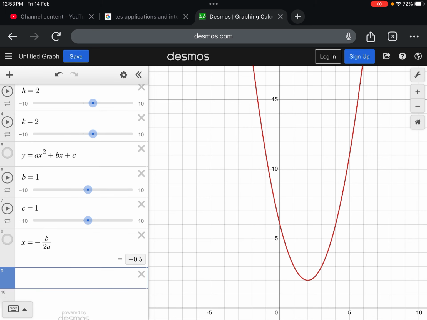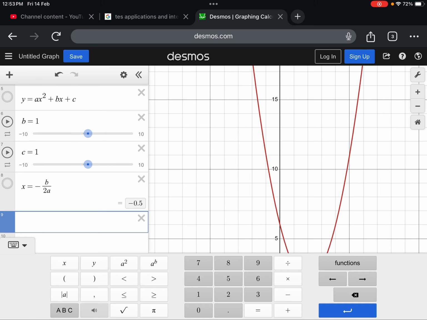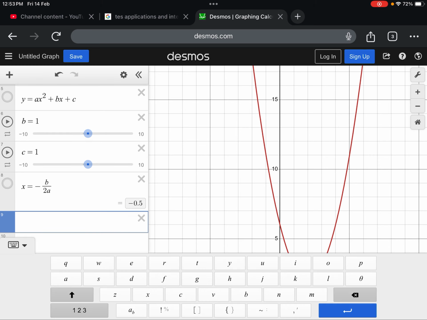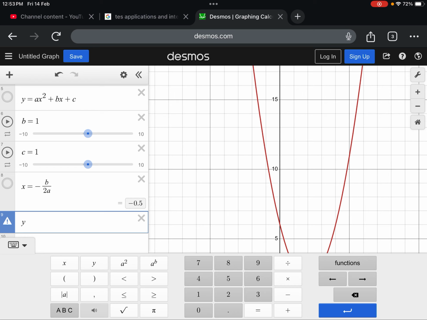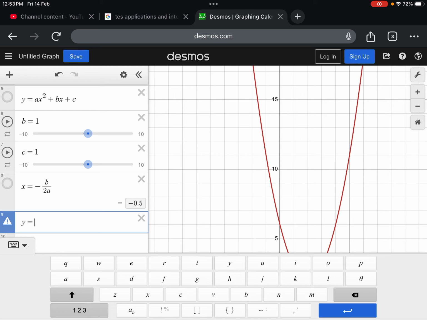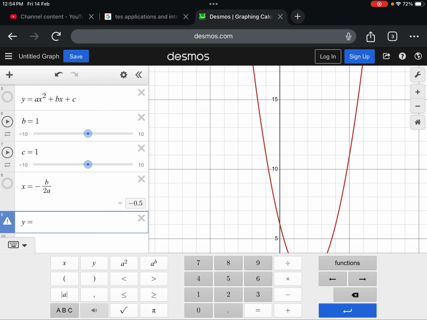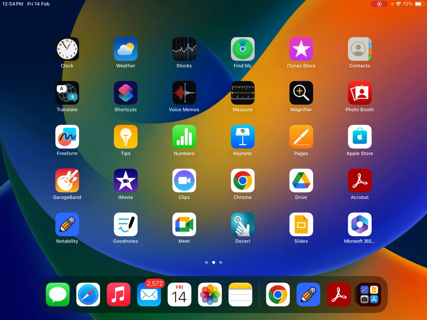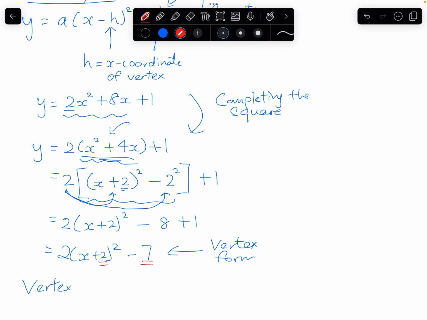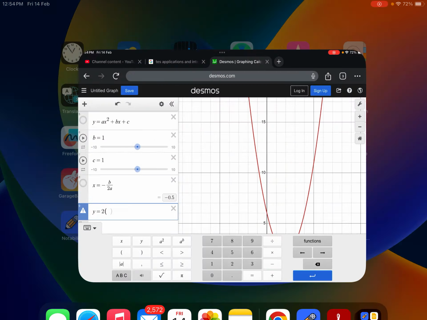So I'm going to type in this function, which is y equal to 2 bracket, oops, looks like I forgot the 2, so 2x plus 2 squared minus 7.